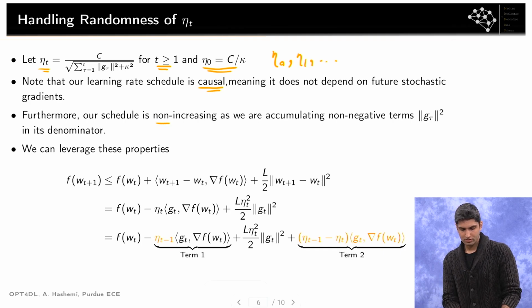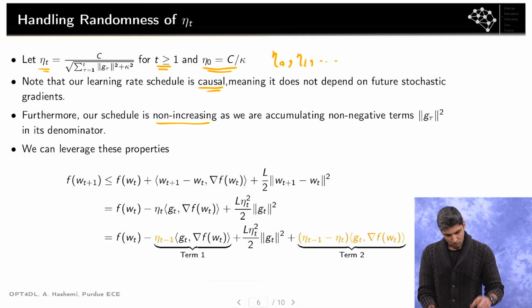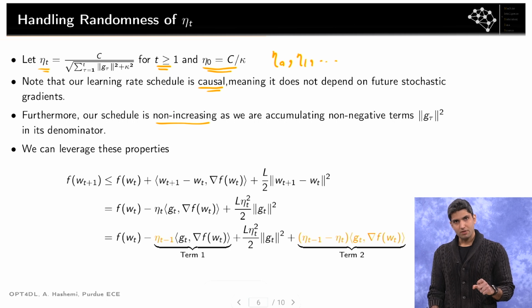Furthermore, our schedule is a non-increasing schedule, because I keep adding these non-negative terms into the denominator of my learning rate. So the denominator increases over time, so the learning rate decreases over time. In the worst case, it's non-increasing. As I said, we're going to leverage these two nice properties to find a workaround for the issue with the randomness of the learning rate.